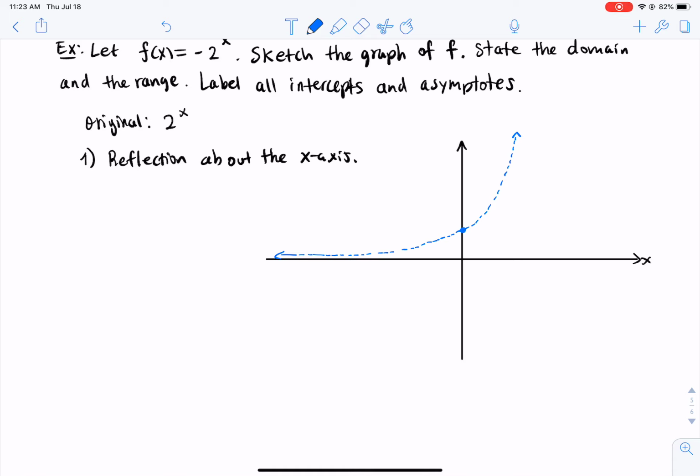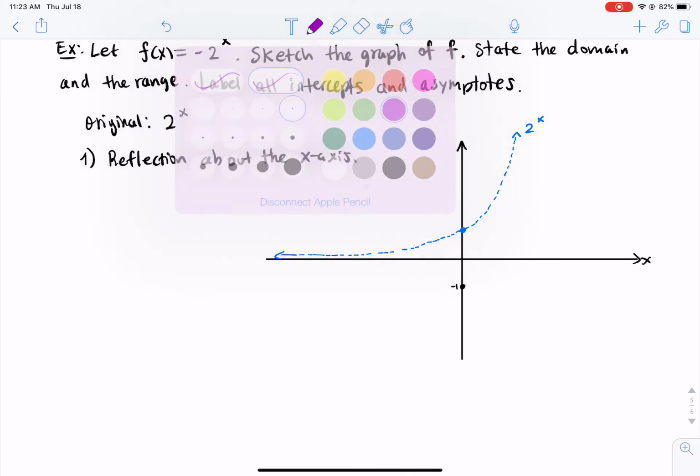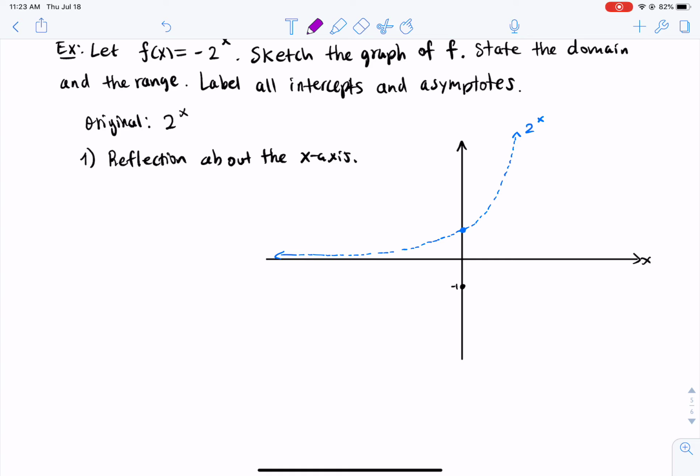Now that we reflect this 2 to the x over the x-axis, what will the y-intercept be now? It will pass through 0, -1, like that. It makes sense that it will look like this, and for this side here, like that.